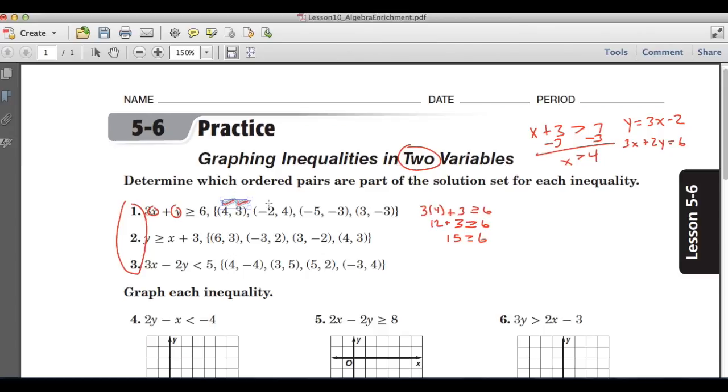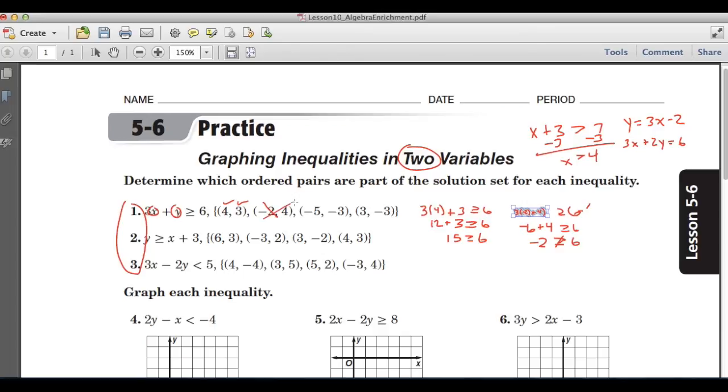So that is a solution. Okay, for negative 2, 4, we're going to plug in negative 2 for x. So 3 times negative 2 plus y, which is 4, greater than or equal to 6. So 3 times negative 2 is negative 6 plus 4 greater than or equal to 6. Negative 2 is not greater than or equal to 6.